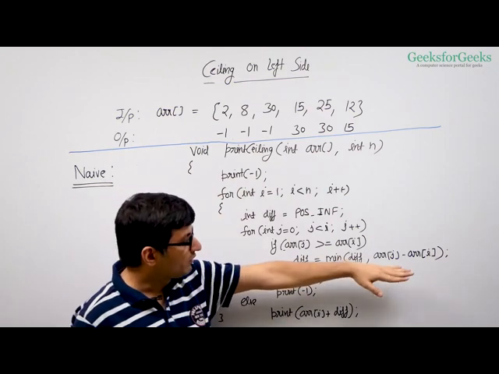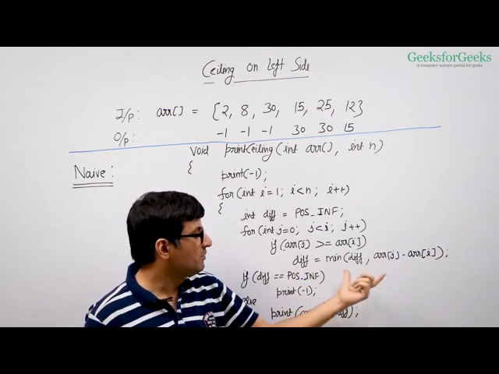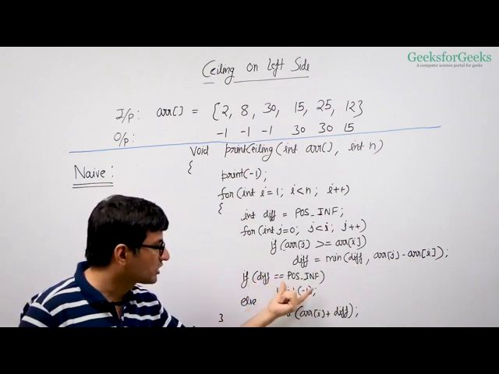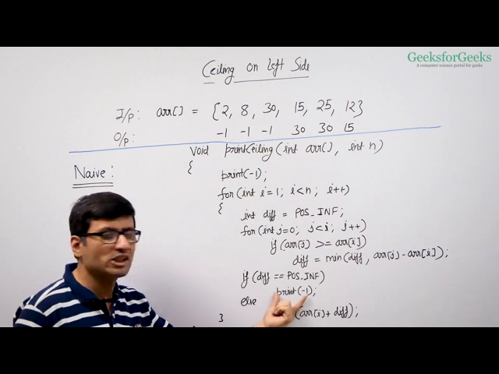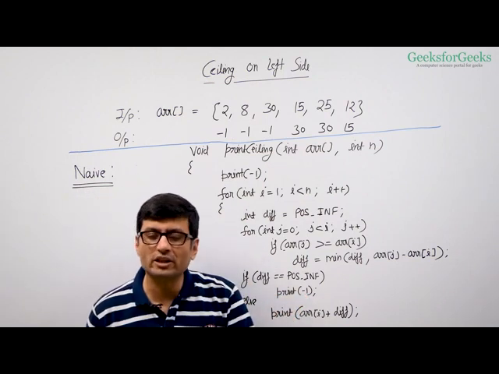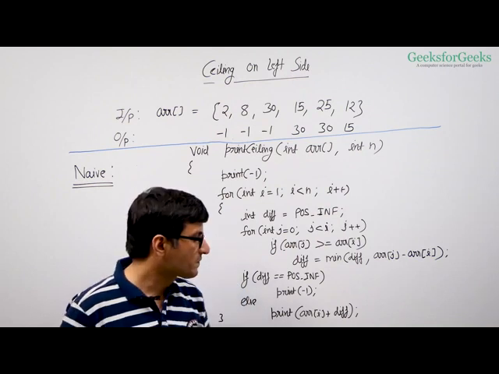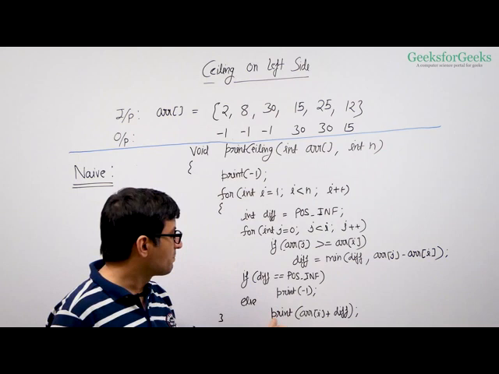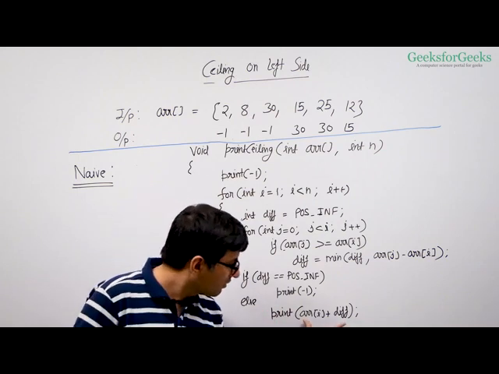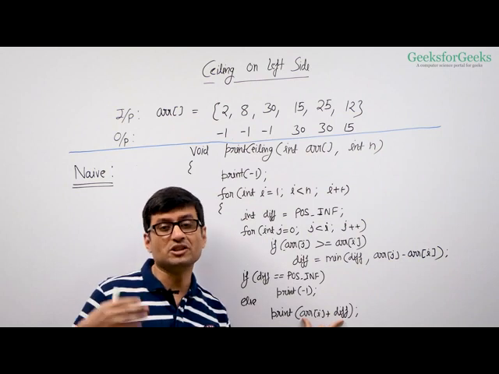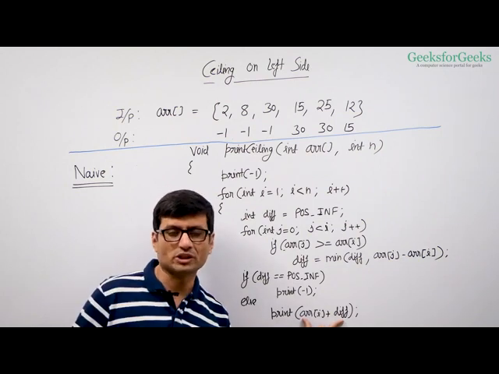So we go to the left of every element and find the minimum difference, and if the minimum difference remains positive infinite, then we print -1 for this element, which means there was no element which was greater than or equal to this element. If it is not positive infinite, then we print the ceiling as arr[i] plus diff, which is arr[j], the j which was the closest one.